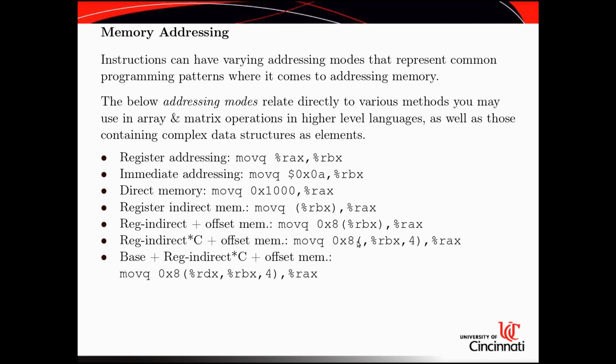But then you'll remember that I did mention that there is a scaling value that you can use as well, and that's this next one, the second from the bottom. So the second from the bottom says that I want to take RBX as my base.